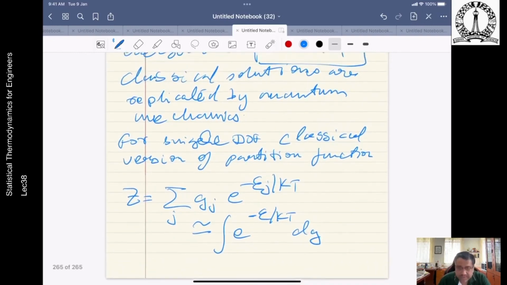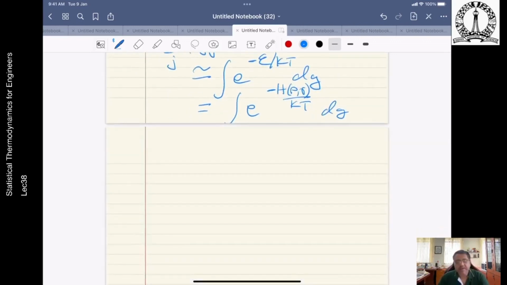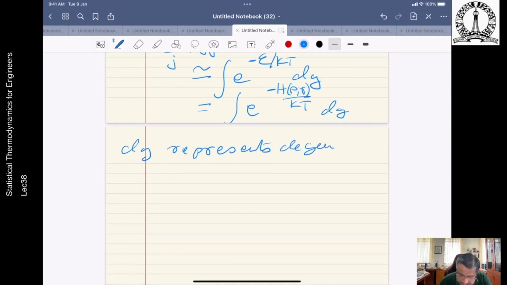Or in other words, this is equal to the integral of exponential minus H(p, r) by kT. Here dg represents the degeneracy for one DOF in the energy range.